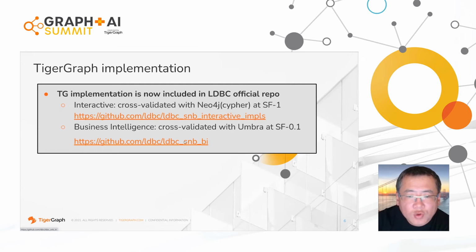Both drivers have been cross-validated with other products. For example, the SNB interactive driver has been cross-validated with Neo4j at scale factor 1, and the LDBC SNB BI driver has been cross-validated with Umbra at scale factor 0.1.